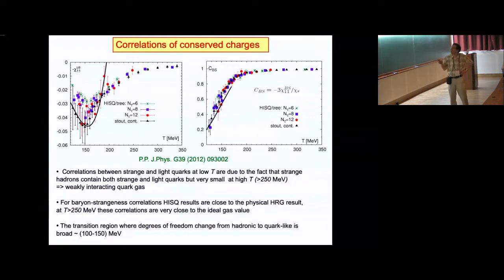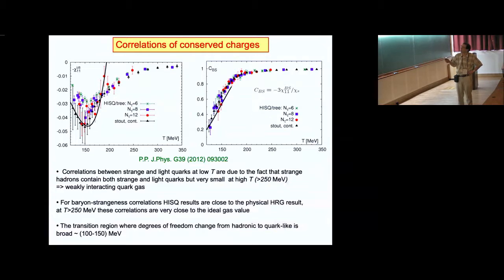You could also look at the baryon strangeness correlation, the correlation between baryon number and strangeness. Again, this correlation is dominated by strange baryons in the low temperature region, and is described reasonably well by the Hadron Resonance Gas.